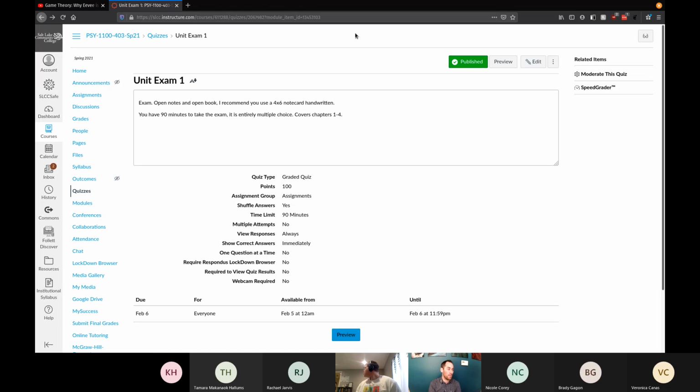So one thing I recommend for all my exams is actually that you make a note card. So it doesn't have to be that specific size, but to make a note card of material that you've been having trouble remembering as you review your notes. So if you're reading through your notes or rereading through the chapter or something and you say, oh, I don't remember this at all, maybe putting that on a note card, because that process of rereading it and putting it into notes or rewriting your notes onto a different page, that does a lot for your memory to get that material stuck into your memory.